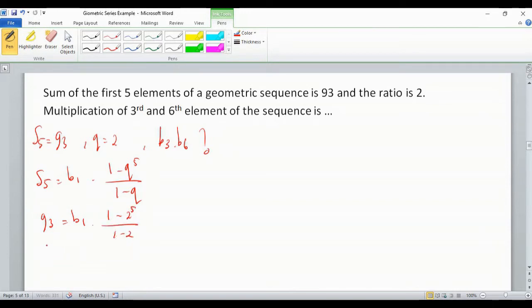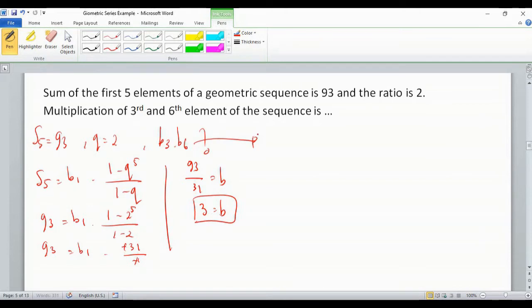So from here we continue to get 93 equals B1 times minus 1 minus 31, since 2, 4, 8, 16, 32. This one is positive because we cancel. So 93 over 31 equals B1. So B1 is 3. Okay, we get B1 is 3. So we can continue to find this one.